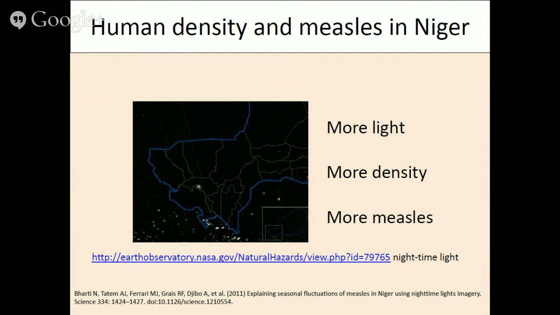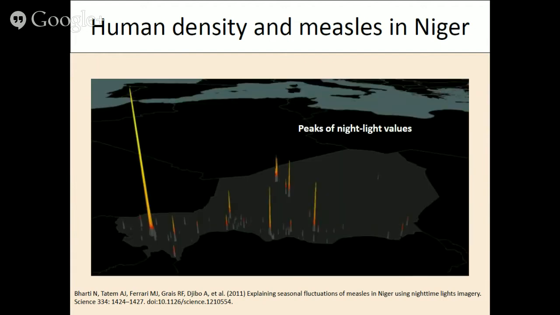So using that information, they use light values to identify those areas with measles or that are vulnerable for measles transmission. This is a link from which you can collect nighttime light values to use in your research.